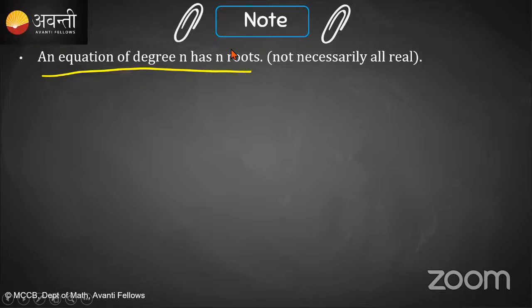It doesn't mean that all the n roots are real, but it will have n roots. Maybe some of the roots are imaginary, but it will surely have n roots. That's why I have written in the bracket, not necessarily all real.